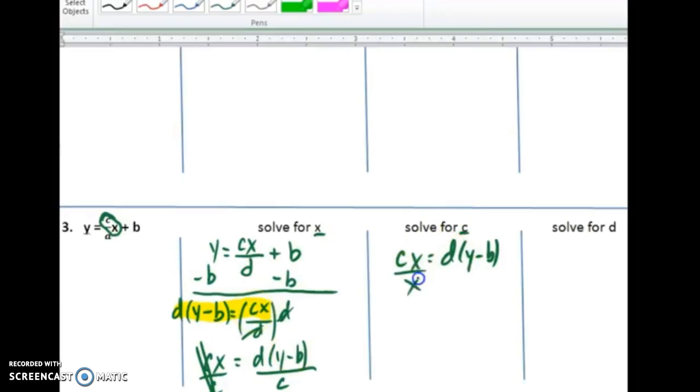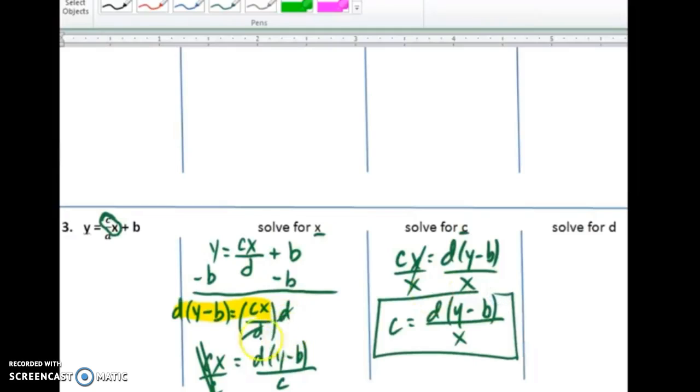I just have to divide by x, and now I have c equals d times the quantity y minus b divided by x. And so there's my answer for that. Realizing over here, I should be clear about what my answer is for x here. And I'll leave it up to you to solve for d, but there's an example of solving for two different variables in the same equation, and paying attention to the order of operations.